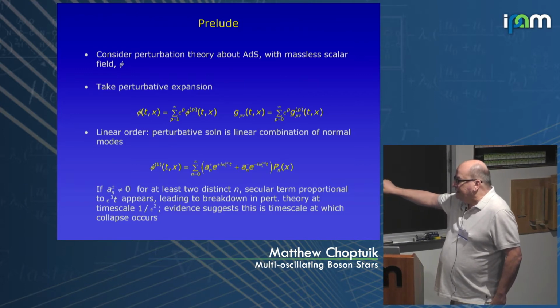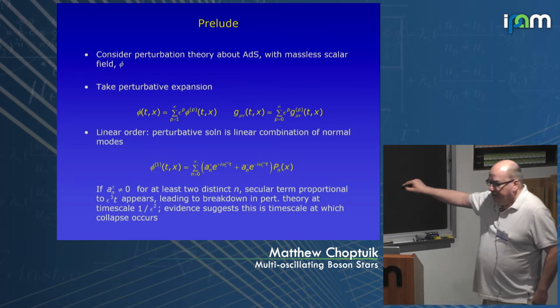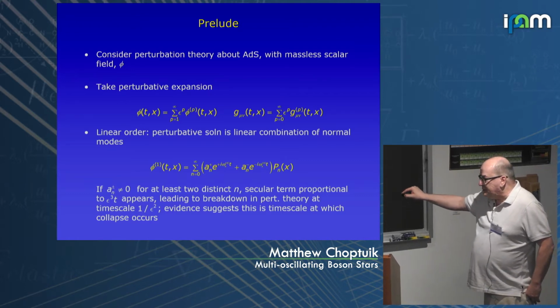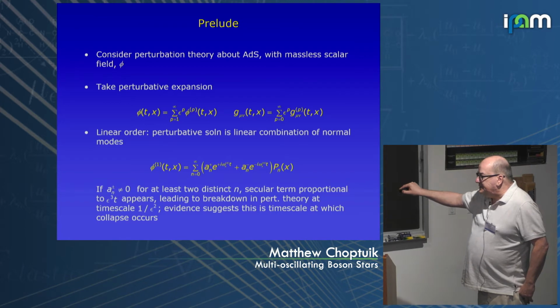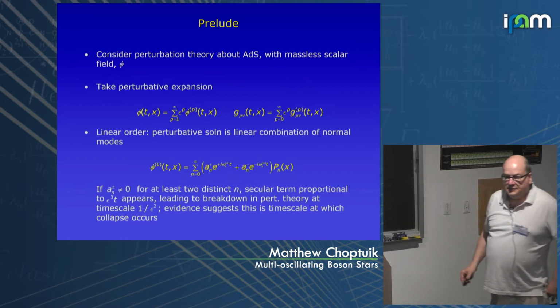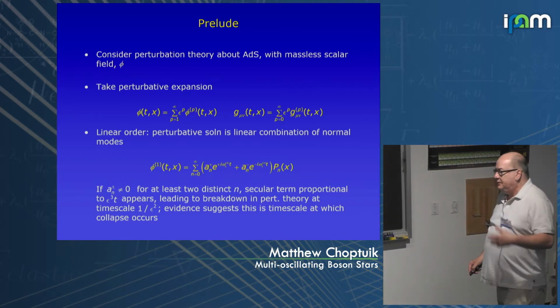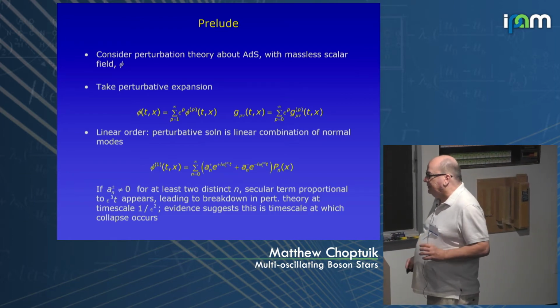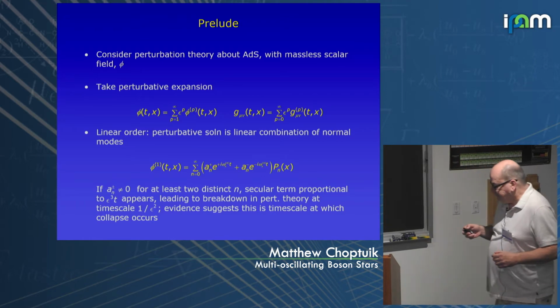And that in turn leads to a breakdown of the perturbation theory at time scale 1 over epsilon squared. And the evidence suggests that this is a time scale at which collapse occurs. So that's the natural time scale. And in the Bizoń-Rostworowski paper, they had an argument for why that should be based on mode-mode coupling.